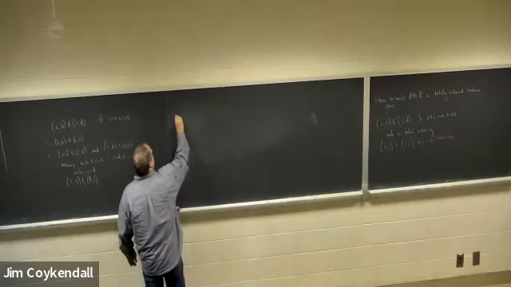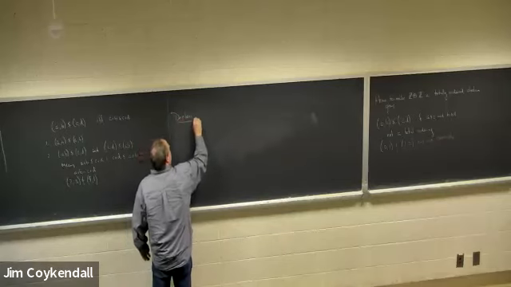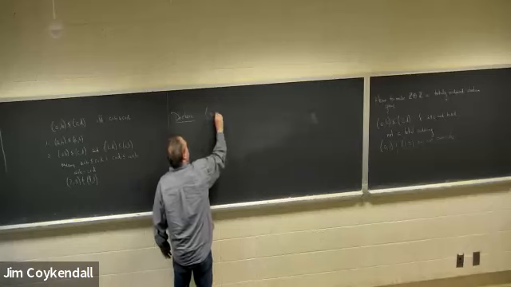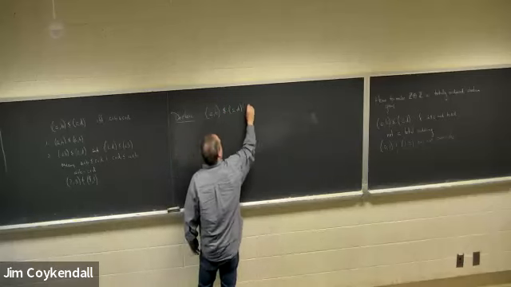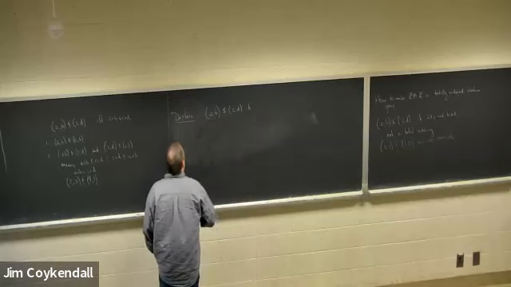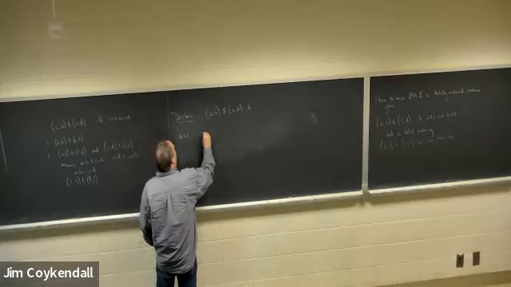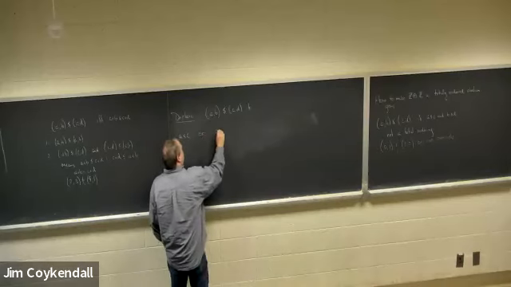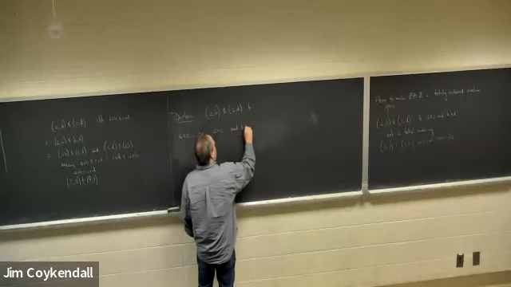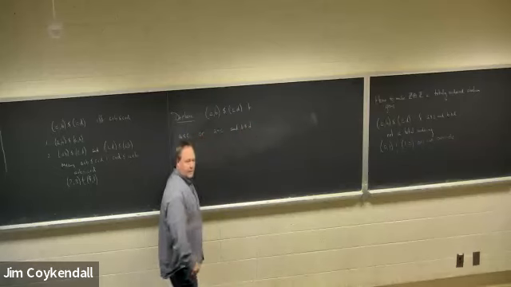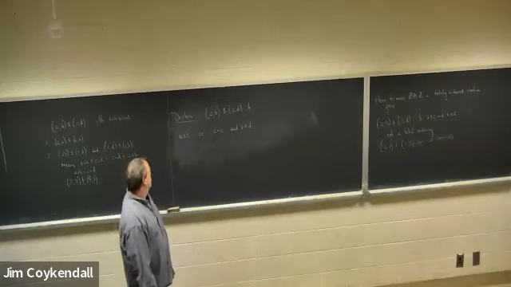We declare A, B is less than C, D if A is less than C, or A equals C and B is less than D. Which is exactly what you do when you look something up in a dictionary or an index.